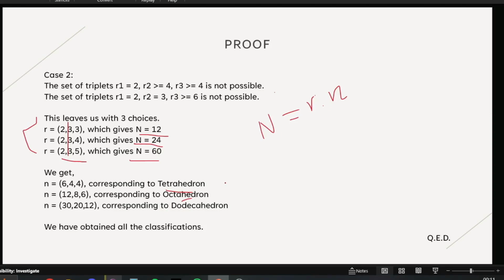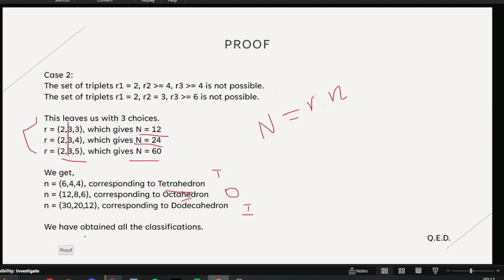I should probably better say it as tetrahedral group, octahedral group, and icosahedral group, because for the octahedral group we have either cube or octahedron, and for the icosahedral group we have either dodecahedron or icosahedron. So these are all the classifications possible for finite subgroups of SO3. We are not doing the infinite classification.